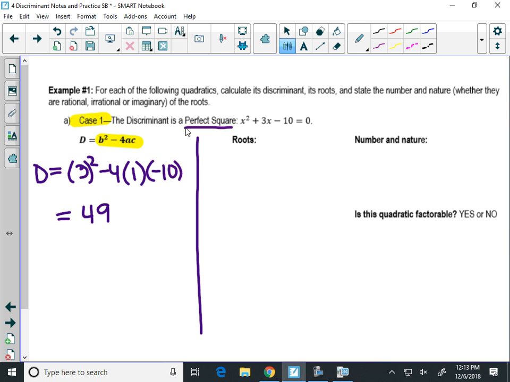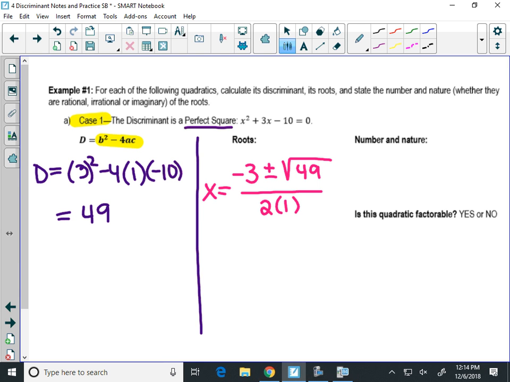Let's review a little bit from yesterday. We take the opposite of b, so negative 3, plus or minus. Well, what did we already calculate was under the radical? 49. We already calculated that value. And it all goes over 2 times a. So this is a review of the quadratic formula from yesterday as well.